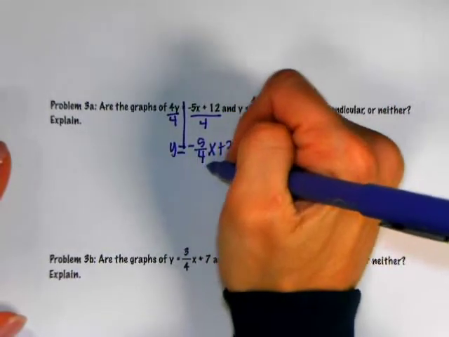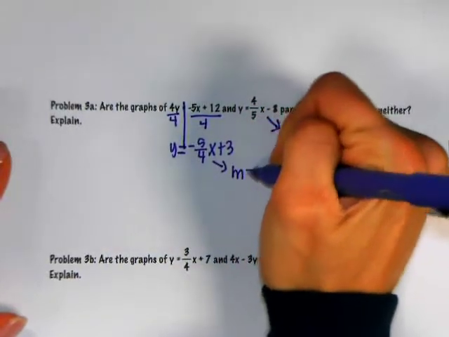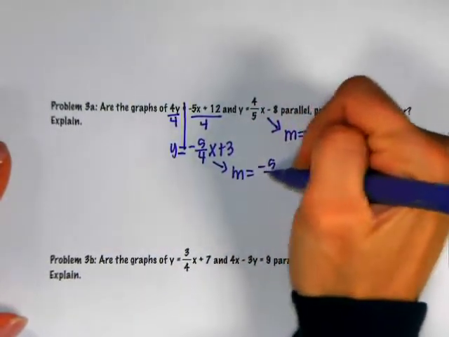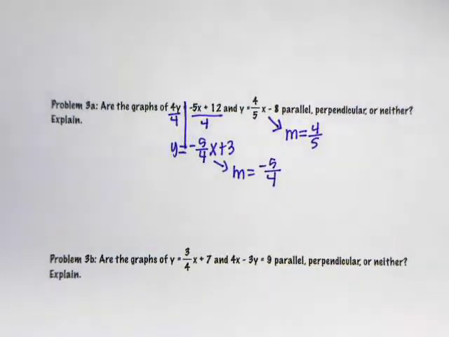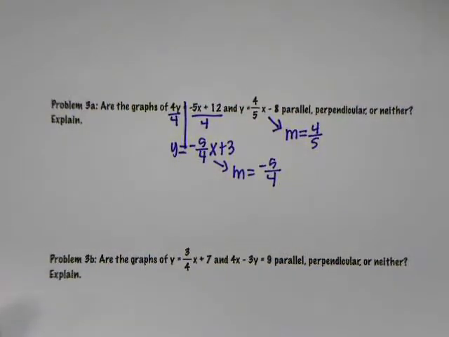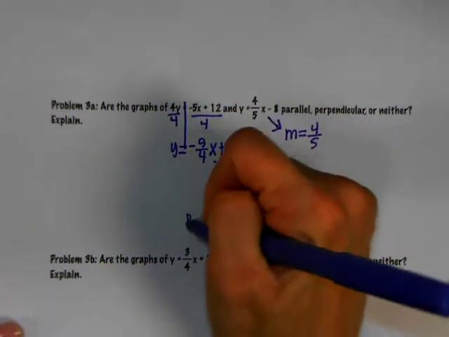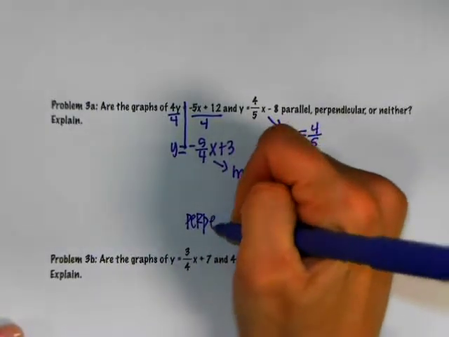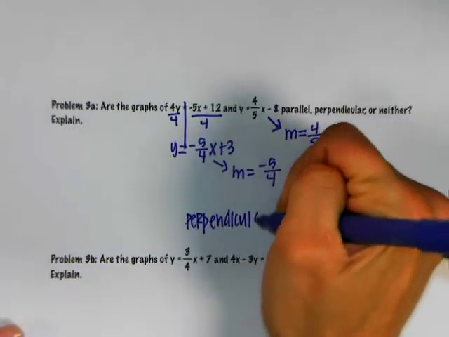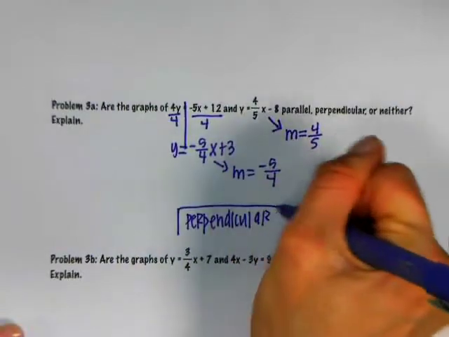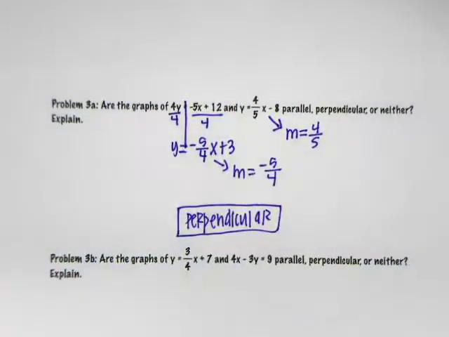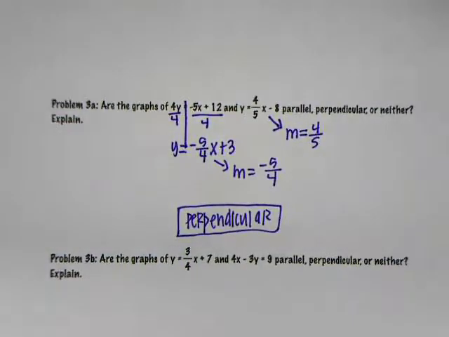And what's the slope of this one over here? -5 over 4. So let's look at those two slopes. Parallel, perpendicular, or neither? Perpendicular. Yeah, because they're opposite reciprocals. Okay, let's do the next one.